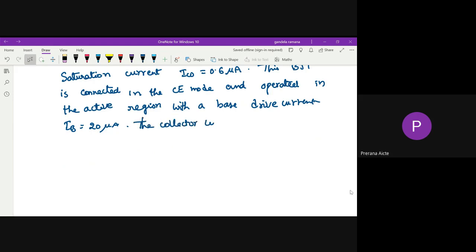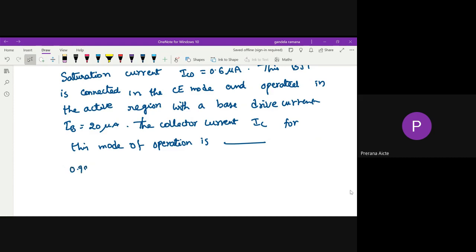The collector current IC for this mode of operation is, what is the answer?